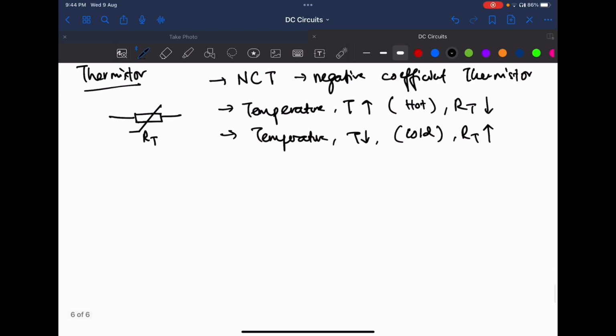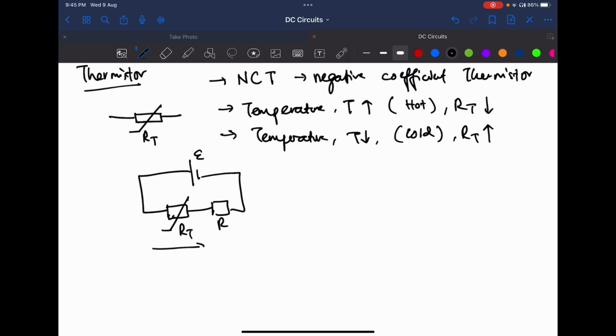Okay, so same thing, we can come up with a circuit where we can use this as a sensor. We have a fixed resistor R and the thermistor RT, and here's the potential difference VT. So VT is RT over (RT plus R) times the EMF.